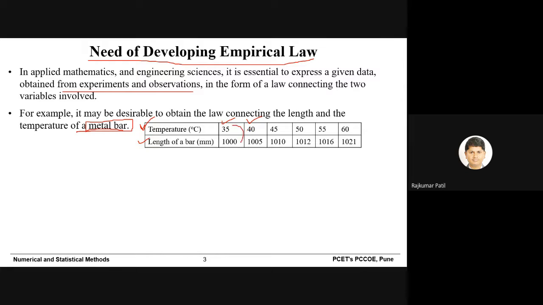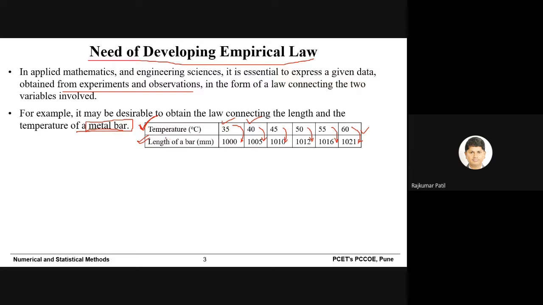For each temperature, the dimension, for example the length of the bar, is measured. As temperature changes, the length of the bar changes. Such data will be collected from the experiment, and once this data is available, the relationship will be developed between the length of the bar and temperature.